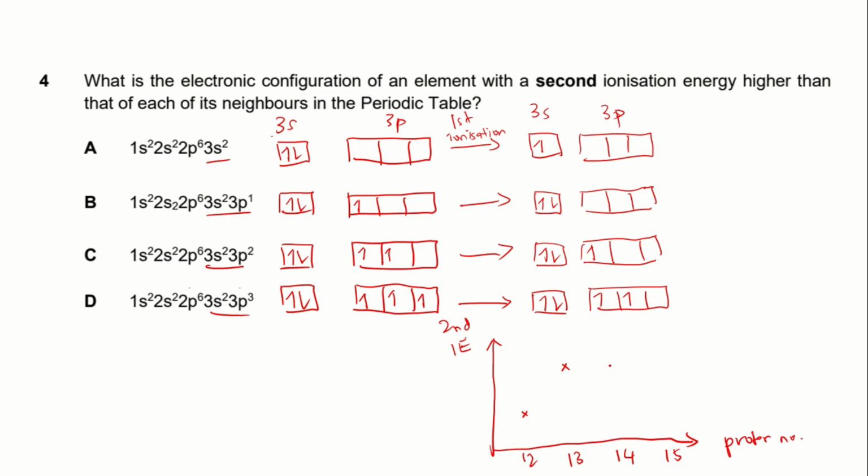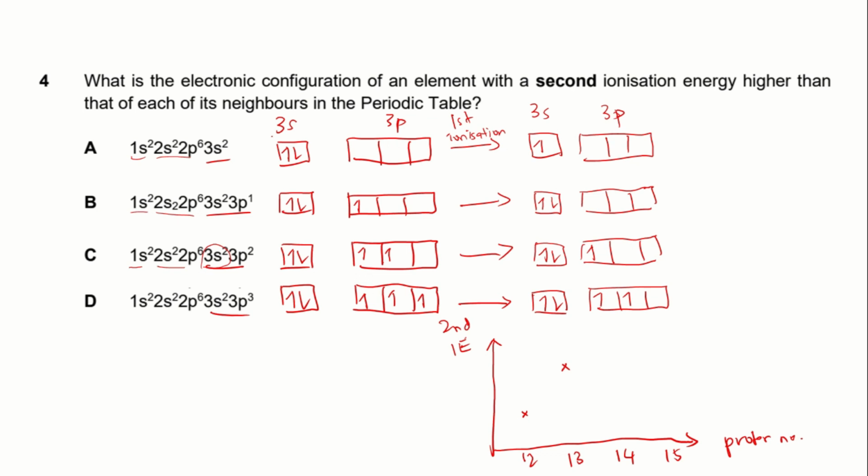Now, second ionization of C will be removing this 3p electron. 3s electrons are experiencing shielding from shell number 1 and shell number 2. But removing electrons from a 3p subshell, this 3p subshell has higher shielding because not only from shell number 1 and number 2, but also from the 3s orbitals.